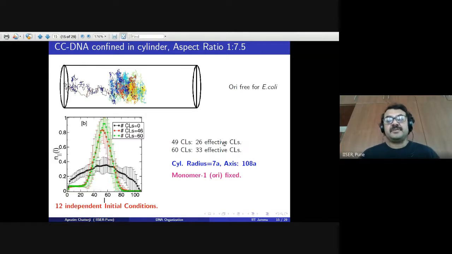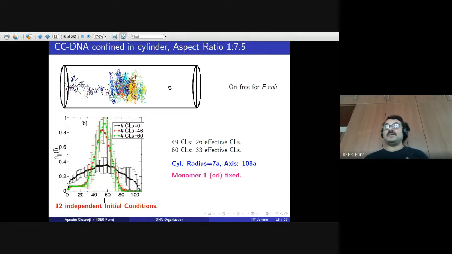After that we put in the crosslinks, a much smaller number of crosslinks, 26 and 33; we tried it out with different numbers of crosslinks. Because of the presence of these extra constraints, the polymer basically shrinks and occupies length only 1:5, so this part is left empty.